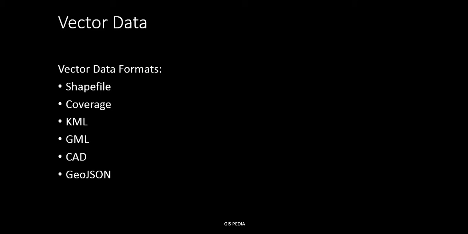Vector data. Actually, vector data is the representation of features in GIS format, or we can say that we make feature geometries in vector data, and these feature geometries can have many formats like shapefile, coverage, KML, GML, CAD, GeoJSON, and many more.